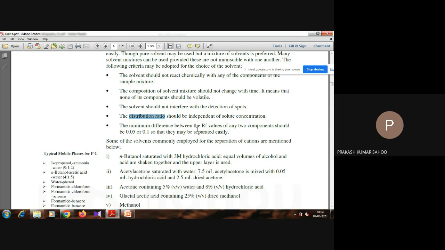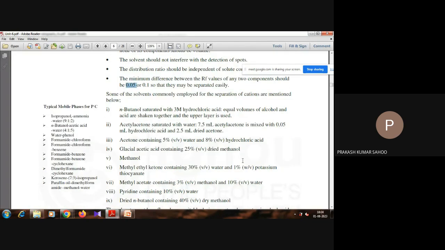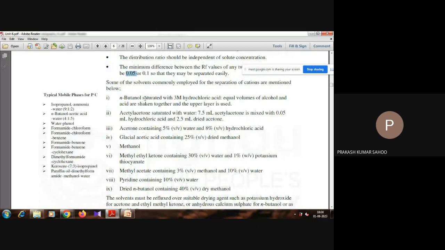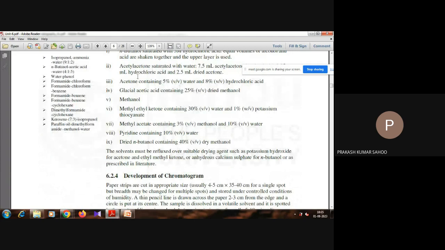Some of the solvents commonly employed are n-butanol in 3 molar hydrochloric acid, acetylacetone saturated, acetone containing 5% volume by volume, glacial acetic acid, methanol. So these are the solvents generally used. Also methyl acetate, pyridine containing 10% volume by volume water, dried n-butanol containing 40% volume by volume dry methanol, etc.